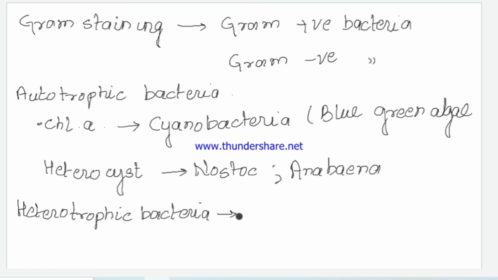Bacteria reproduce mainly by fission. Under unfavorable conditions, they sometimes form spores. They also show a sort of primitive sexual reproduction known as the conjugation. There's another group included in Monera which is called Mycoplasma.